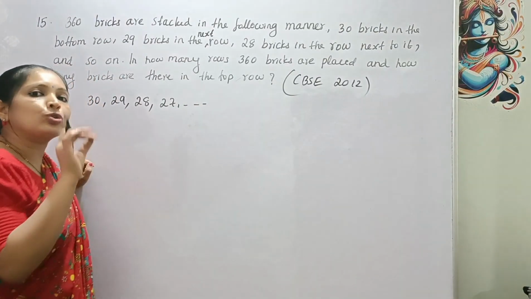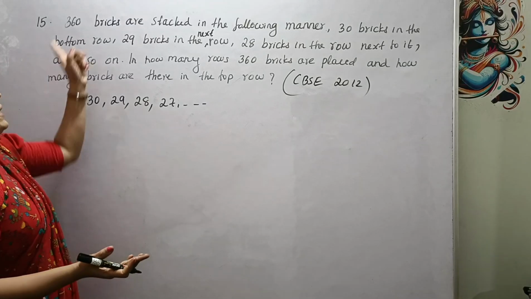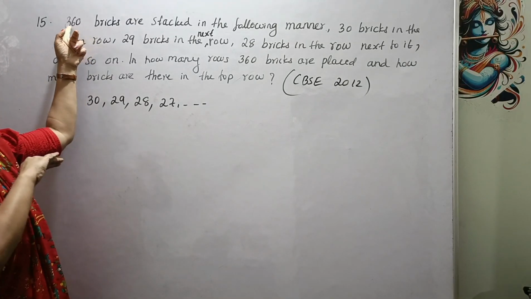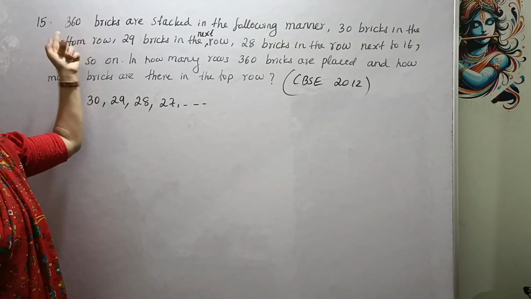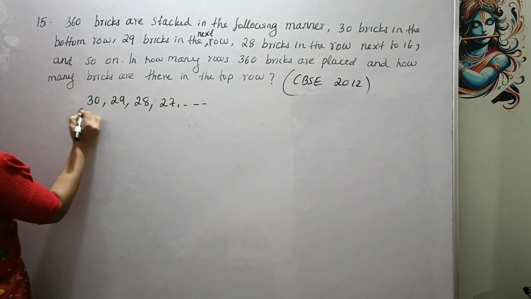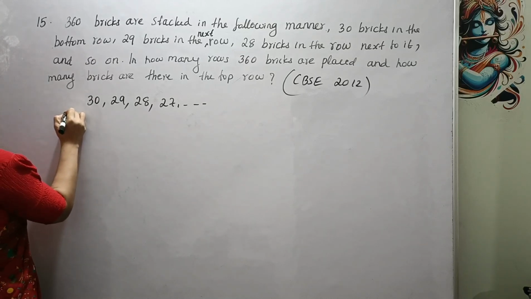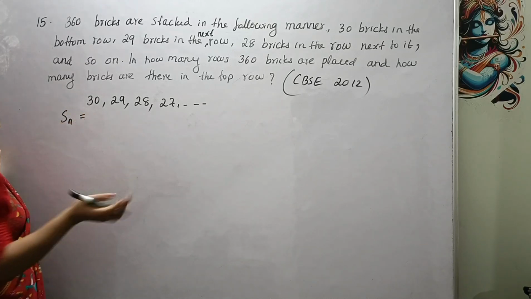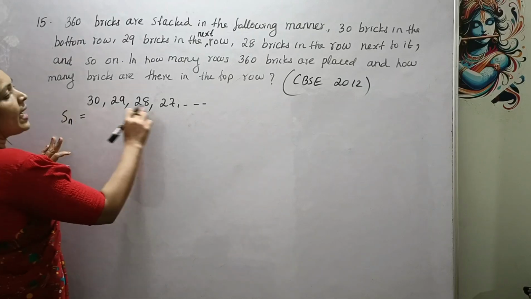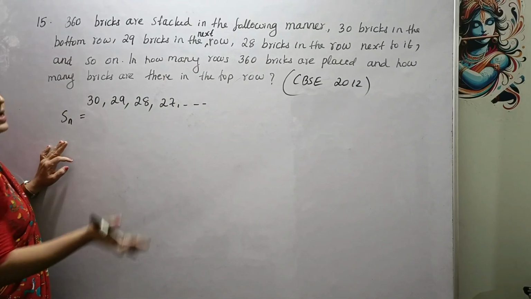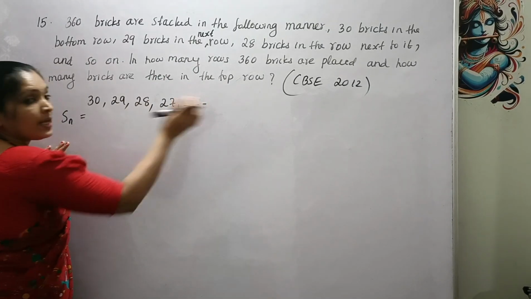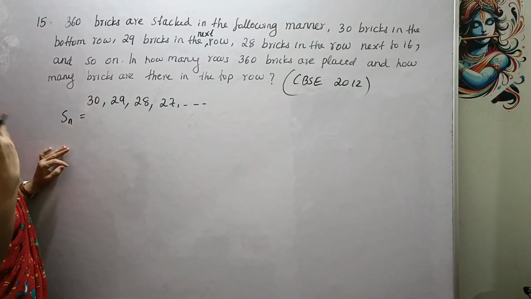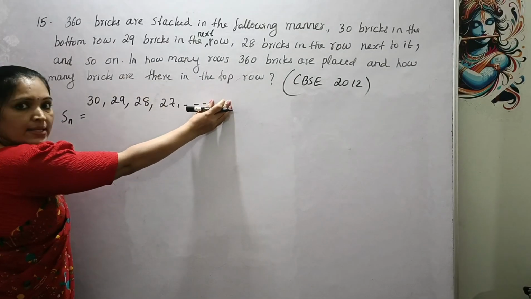And we have to find the value of n, and the sum of the first n terms is given. Now we will find the sum Sn. We don't know the value of n, that is how many rows are there. And we have to find the number of bricks in the top row, that is the last term.